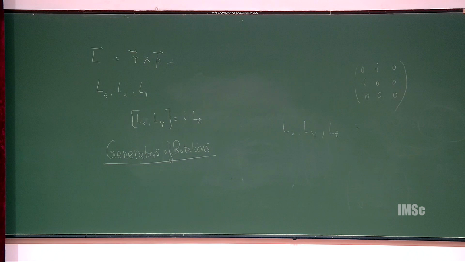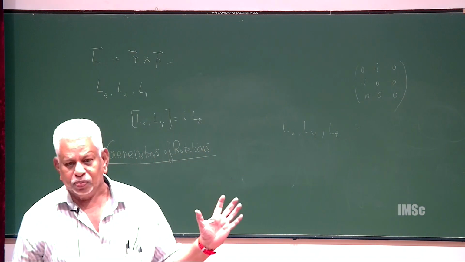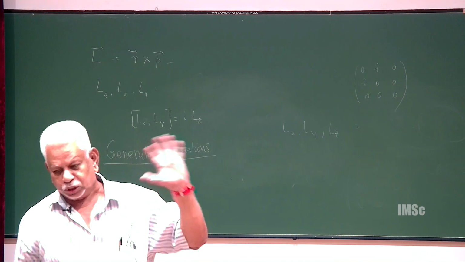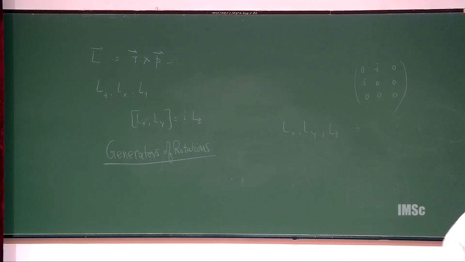So what you are having, which I am going to show, is that the allowed values for L square are L into L plus 1, where L square is Lx square plus Ly square plus Lz square, and the values for Lz, which is also diagonalized. You can diagonalize any matrix. You diagonalize Lz by the general convention because it matches with spherical polar coordinates.